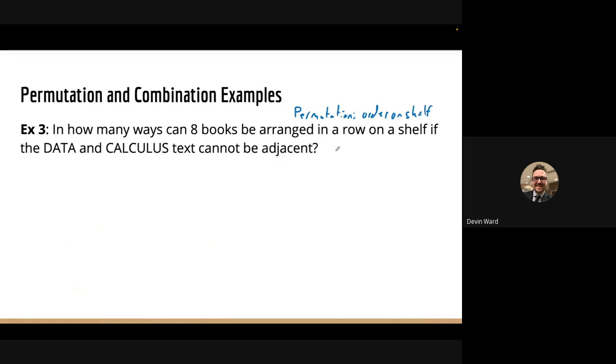So if we have 8 textbooks on the shelf, and we just have data and calculus, or 2 of the textbooks, and they can't be adjacent. So we have 1, 2, 3, 4, 5, 6, 7, 8. There's 8 books on the shelf.